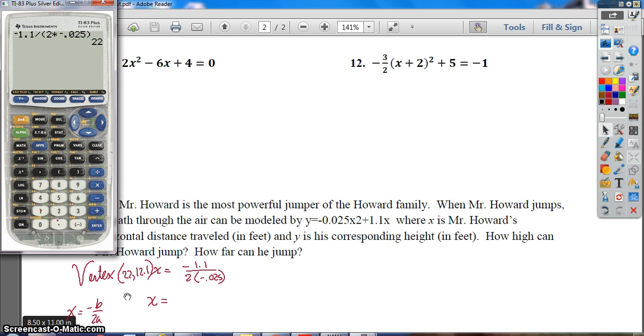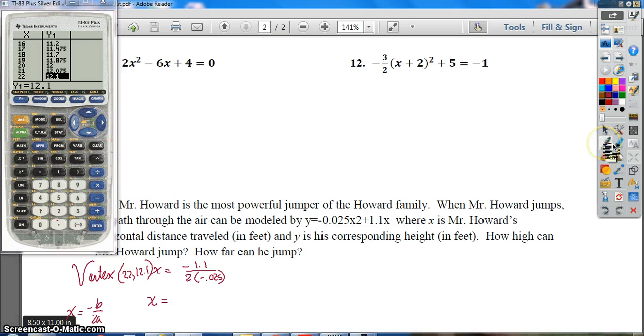Good, that's what we have. If you plug 22 back into this model, which I can see here, go down where x is 22, I get 12.1. So what does that mean? That means this is the height, remember. Max height is 12.1 feet.